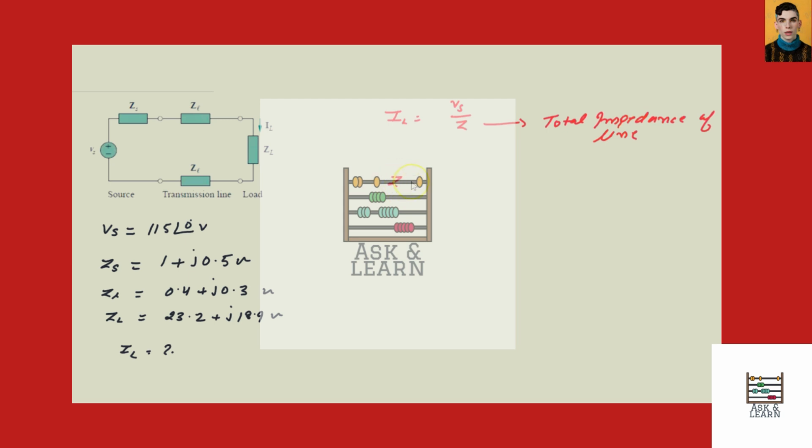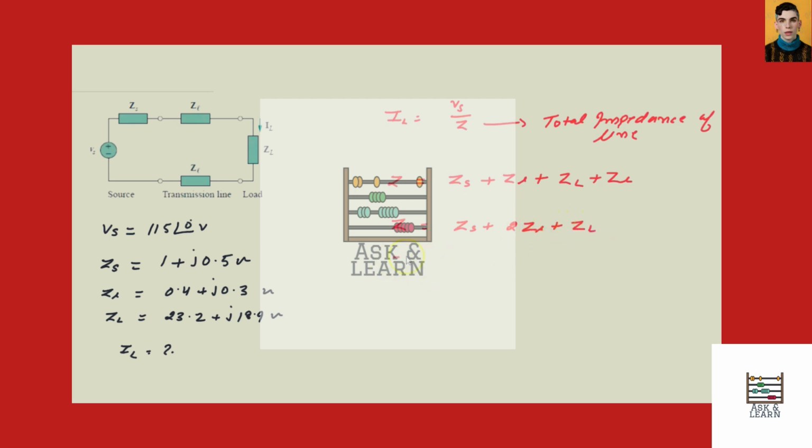Here the series source impedance is Zs, plus line impedance ZL, plus load impedance ZL, plus again series line impedance ZL. Then the effective impedance Z equals Zs plus 2 ZL plus load impedance ZL.